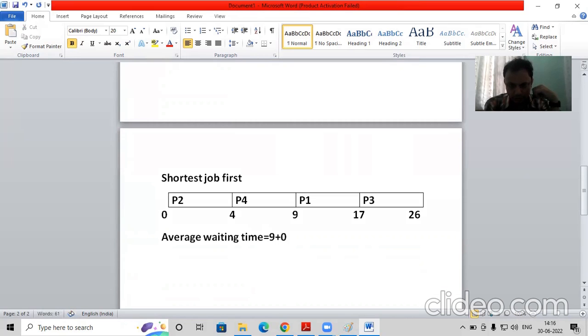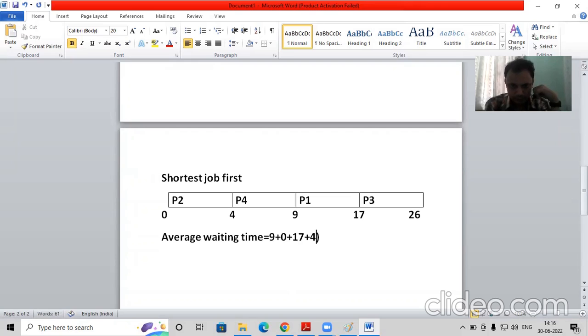P2 is waiting 0. P4 is waiting 4 milliseconds. Sorry, P3 is waiting 17 milliseconds. And P4 waiting 4 milliseconds.